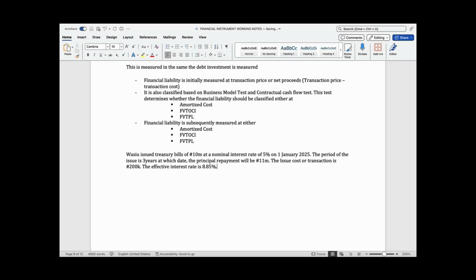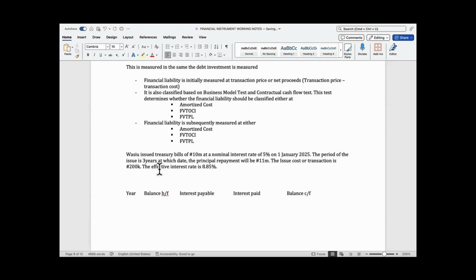So we're now asked to account for this. Similar to what I've done, we have balance brought forward, interest payable, interest paid, balance carried forward.